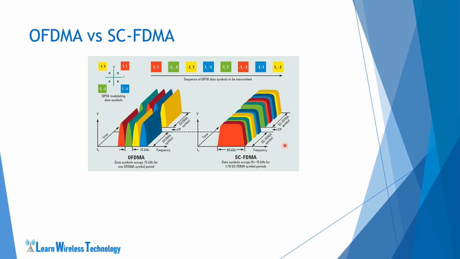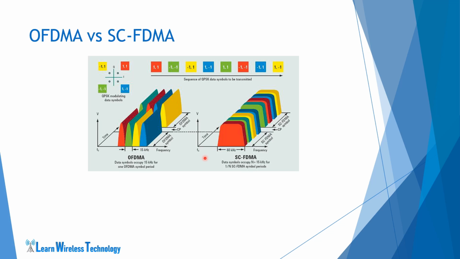So, the clear difference between the two access schemes is that OFDMA transmits the 4 QPSK data symbols in parallel, one per subcarrier, while SC-FDMA transmits the 4 QPSK data symbols in series at 4 times the rate, with each data symbol occupying a wider bandwidth, that is 60 kHz. So, as seen in this example, the time allowed for 2 OFDMA symbols is sufficient to transmit 8 SC-FDMA symbols. And since each SC-FDMA symbol in this example is modulated with QPSK, it can carry the same amount of information that the OFDMA waveform can carry, which is 16 bits.